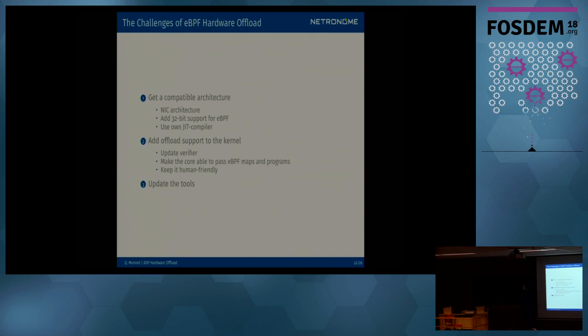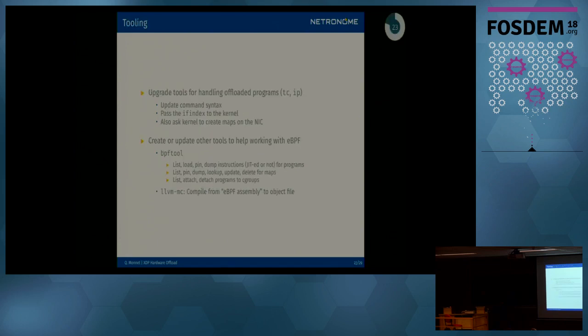By default, those tools do not support BPF offloads. So what we had to do was to patch them to update the syntax of those commands, to tell them that I want to offload this program to the NIC, and that they are supposed to pass the index of the interface to the kernel. So this is some work that we have done already.